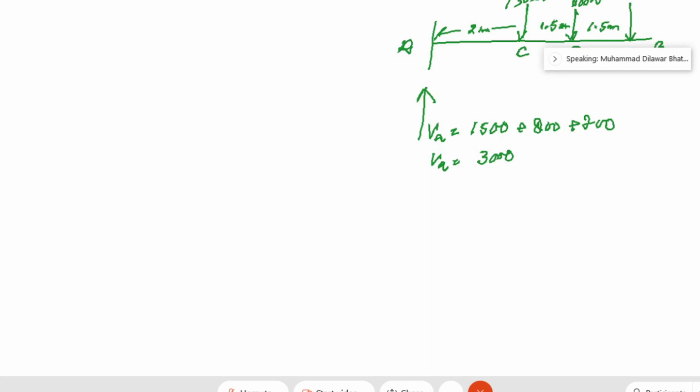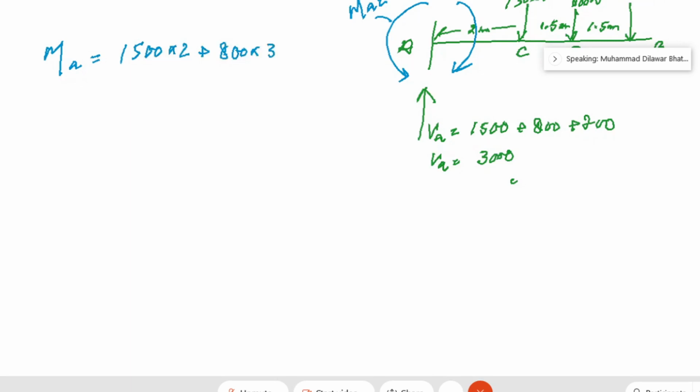Now, if I have to calculate the resisting moment, there will be a moment due to the load on the beam, but that will be resisted by the resisting moment. Let's say that is MA. And we can simply calculate MA as 1500 multiplied by 2 plus 800 multiplied by 3.5 plus 700 multiplied by 5, and that will be equal to how much?